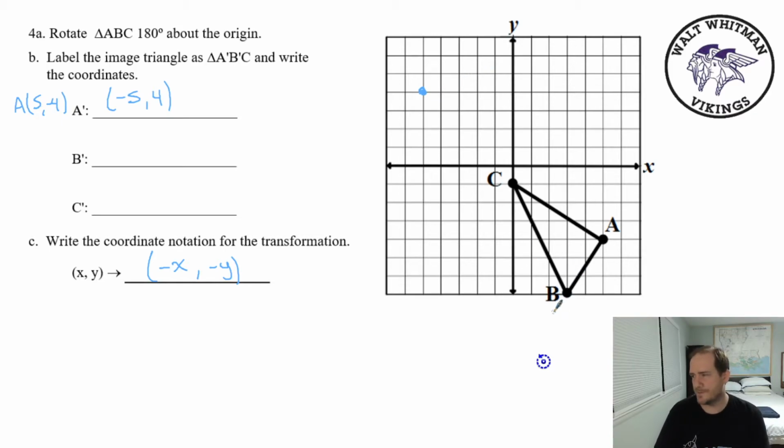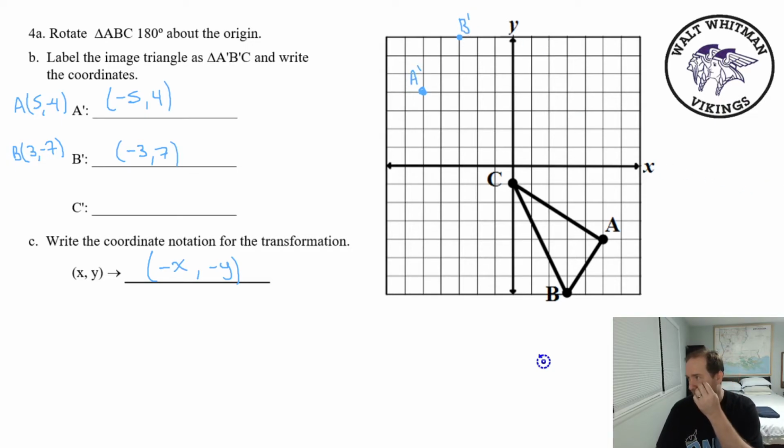So we'll keep going. For point B, that is at positive 3, negative 7. So according to the rule, we just change the two signs. So we'll go to -3, +7. That'll be -3, +7 right here. That's B prime.